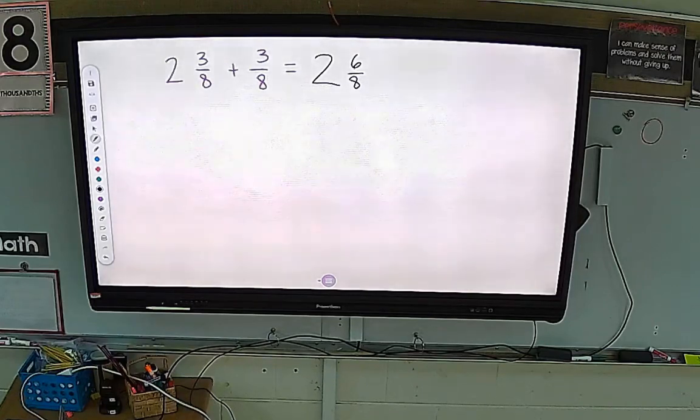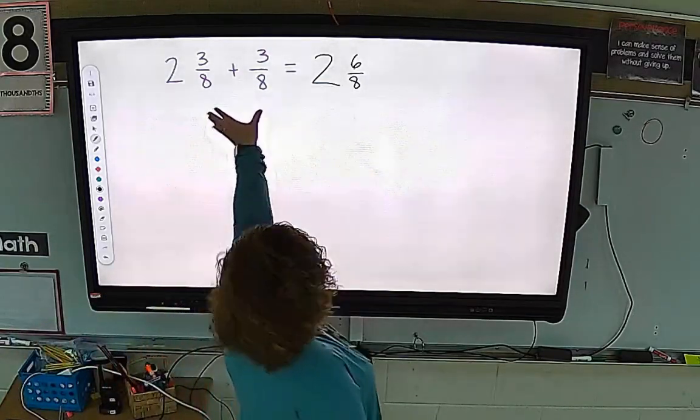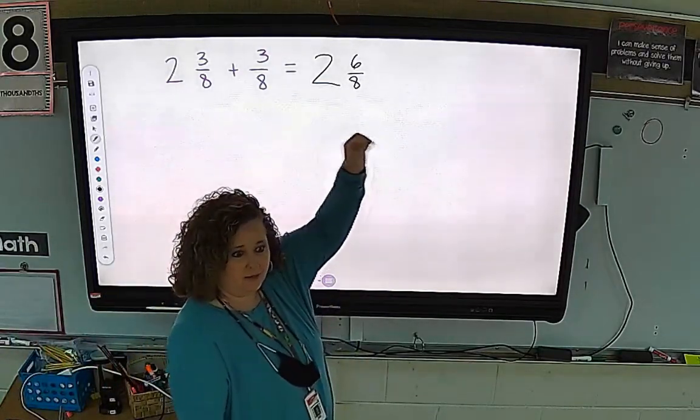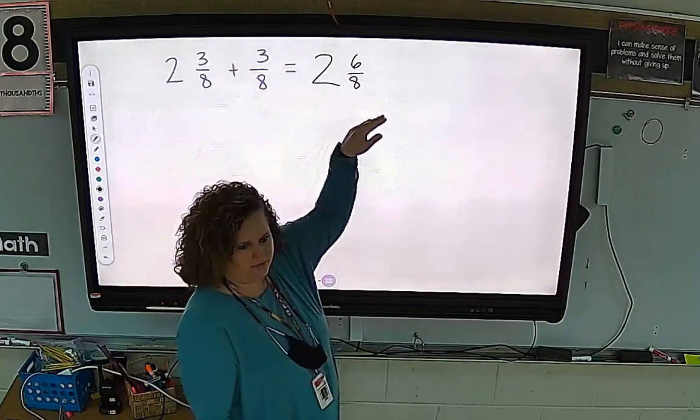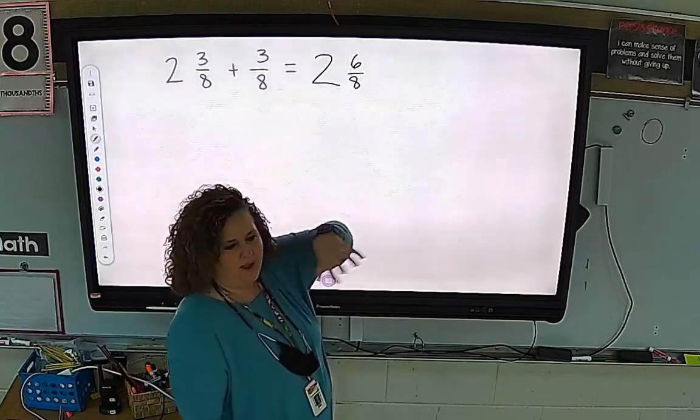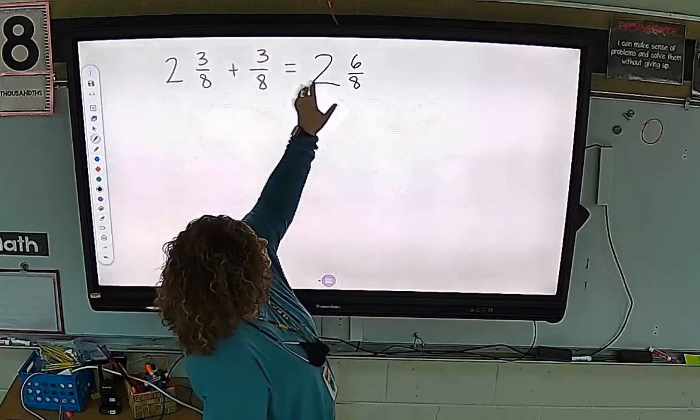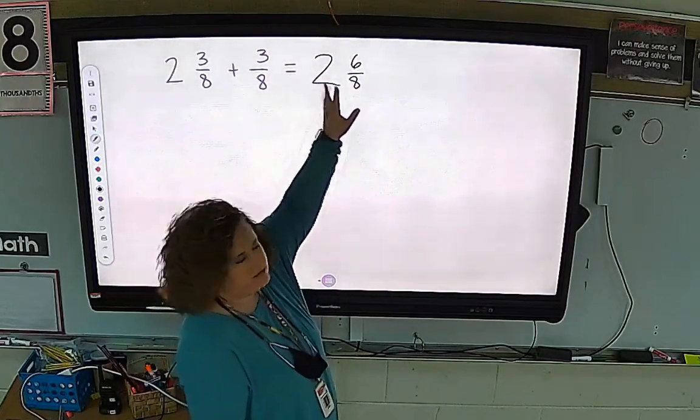When you're adding them, it could turn into a mixed number. If these 2 fraction pieces, when you add them together, add up to an improper fraction, you're not going to have a whole number and then an improper fraction. So if that ever happened, you don't throw the 2 away, of course.